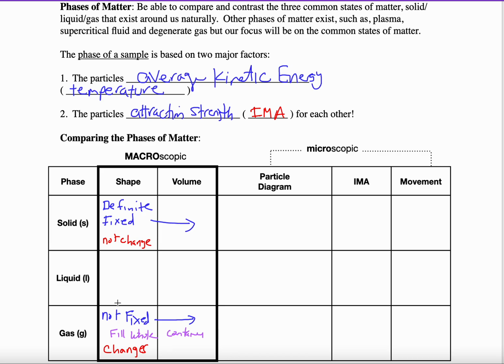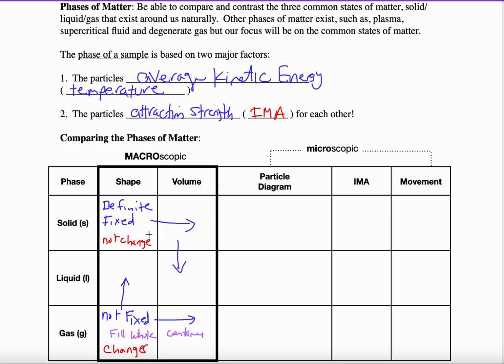So a liquid, its shape changes. So it is not fixed. But the volume, or space that it occupies, is the same characteristic as a solid. Just because it takes the shape of the container, it still occupies the same amount of space. So its volume is fixed or definite.